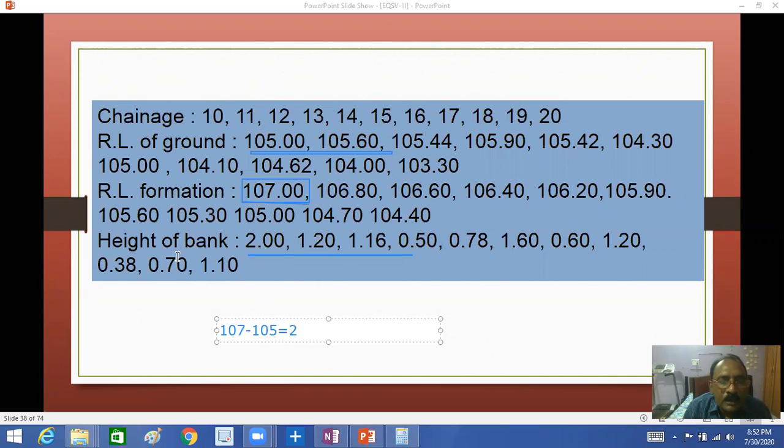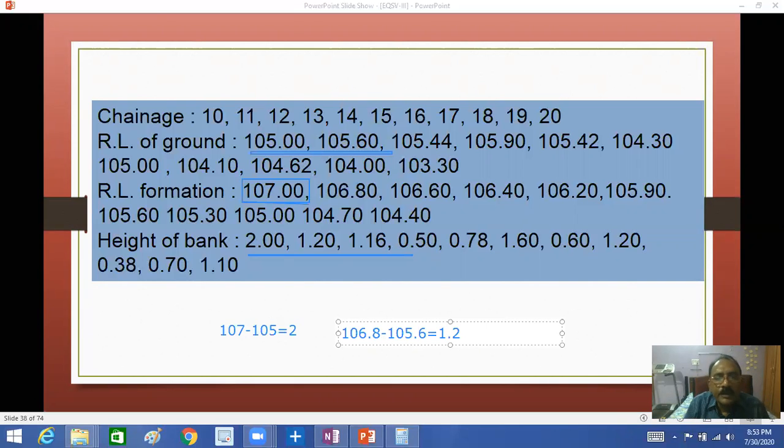That is D1. Similarly, for the second one, 106.8 minus the RL 105.6 equals 1.2.